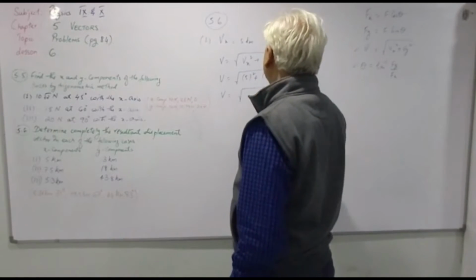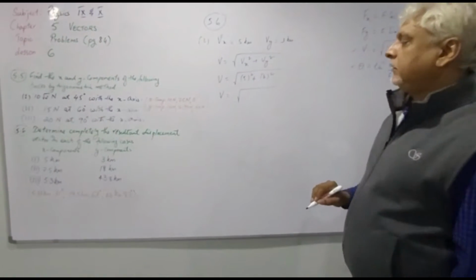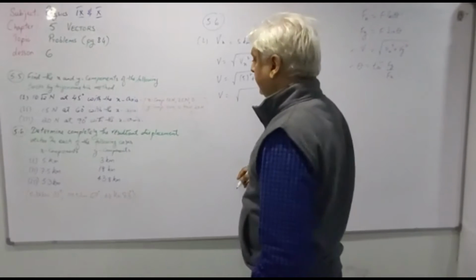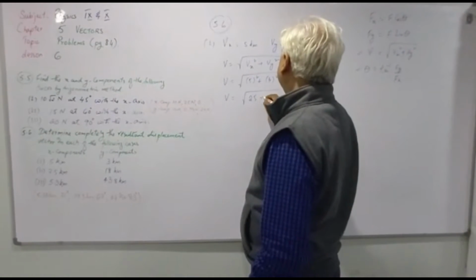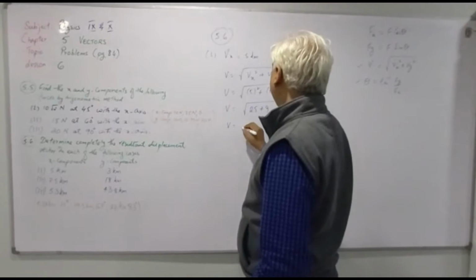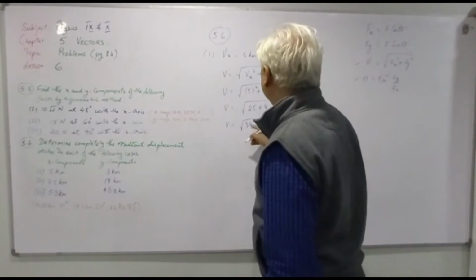Hence your resultant displacement vector would be 5 squared is 25 plus 3 squared is 9, and this would give you the square root of 34.